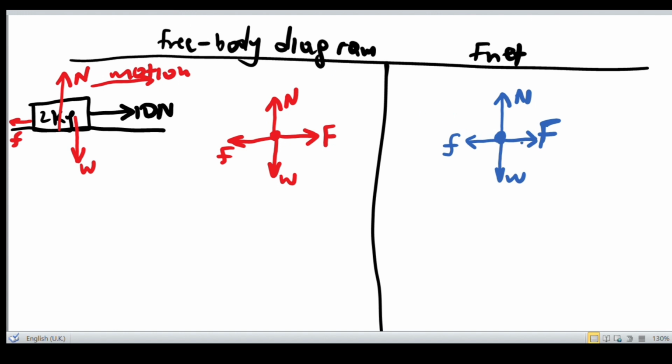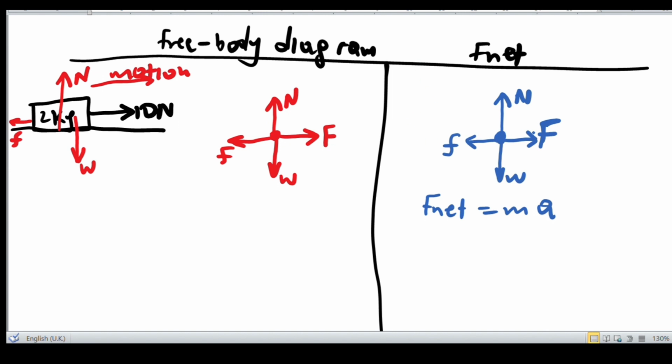So you can do whatever you want to do here. So the net force from the formula, net force is equal to MA.